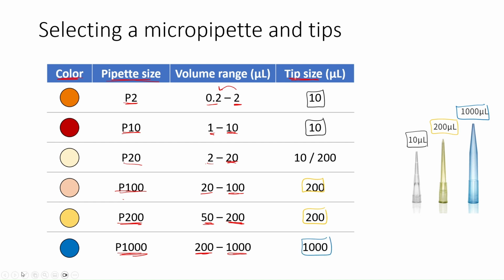So you'll notice I skipped one, which is the P20. So the tip size that you use for your P20 actually depends on the volume that you're measuring. So if you're measuring small volumes, 10 microliters or less, you'll want to use a 10 microliter tip. This will give you more accurate measurements when you're using the P20.